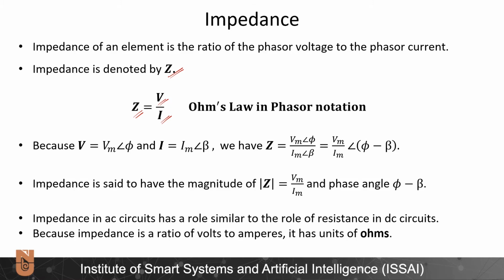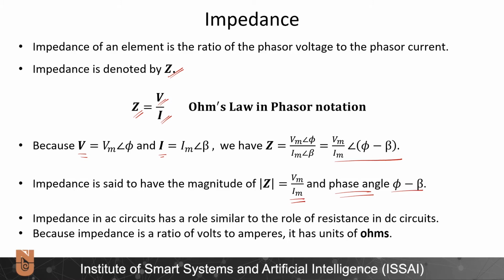So if the phasor V is equal to Vm with the phase phi, and the current phasor I is equal to Im with angle beta, we have Z equal to Vm over Im, with the angle phi minus beta. Impedance magnitude is Vm over Im, and the phase angle is phi minus beta.